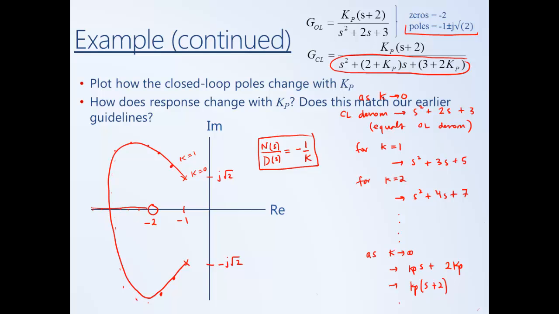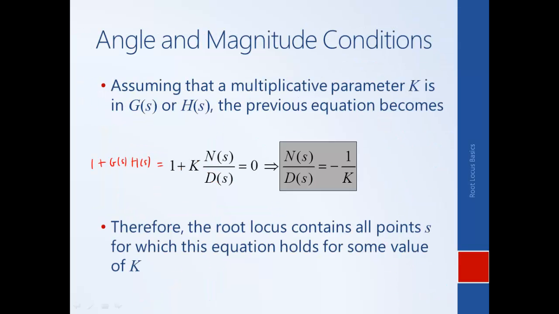So if we picked some point in our complex plane, for example this point, and we plugged it into this relationship, there would be no real valued k which would make this work. So there's no control gain k which places a closed loop pole at this location. However, if we picked any point that is on our root locus and we plugged it in for S, there would be a value of k for which these two are equal. And so that's what this says.